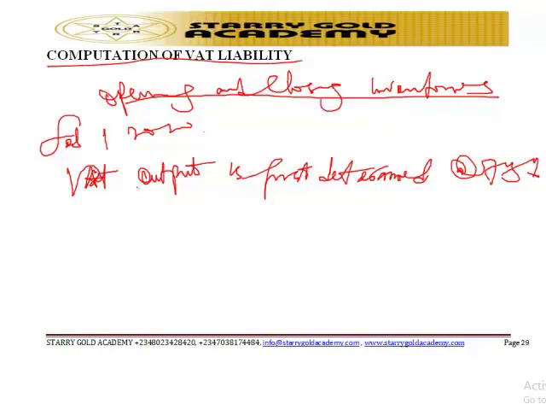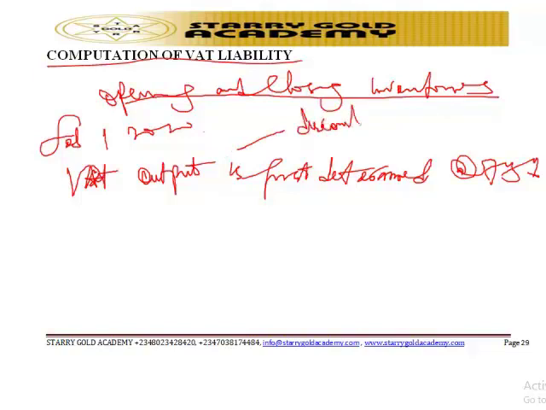So what are the examples of allowable sales adjustment? For instance, discounts allowed. To your customer, probably you are giving discounts.